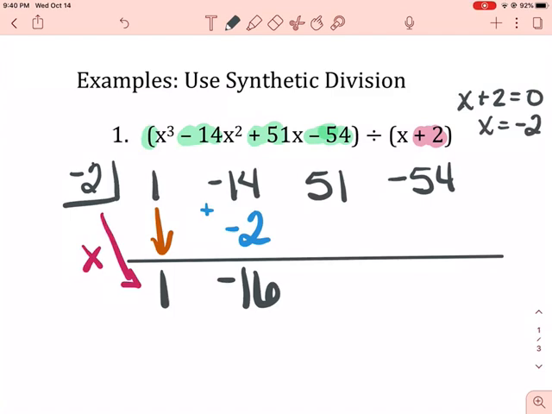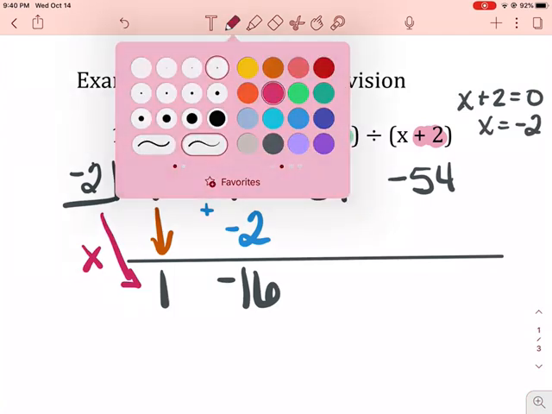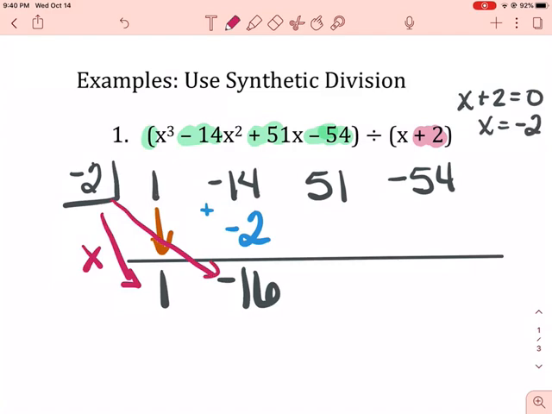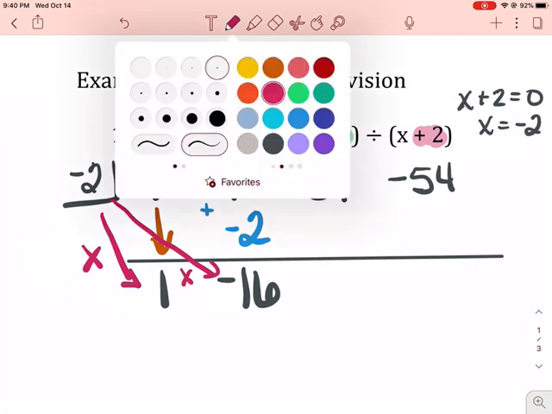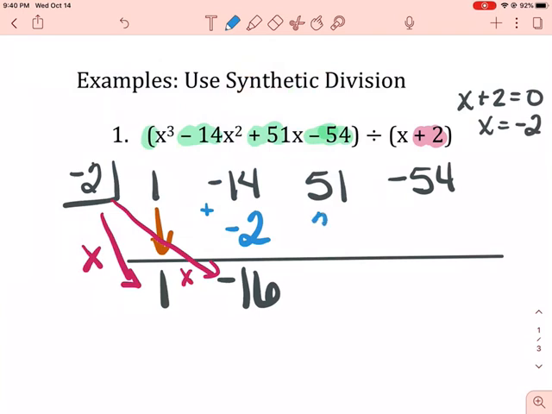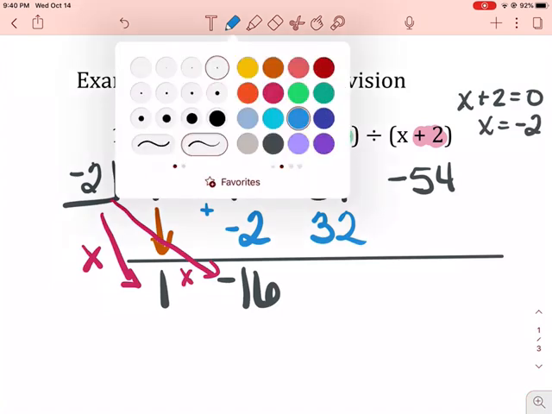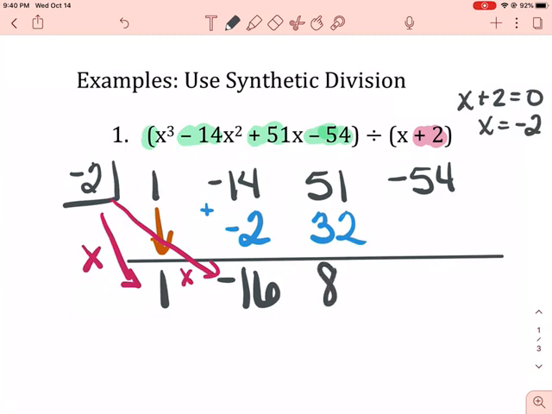And then we're going to do the process again. We're going to take the negative 2. We're going to times it by the negative 16. We're going to get positive 32. That number is going to go under the 51. There you go. And then we're going to add. Okay? So when we add, we get 83.